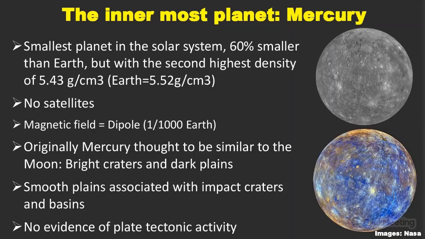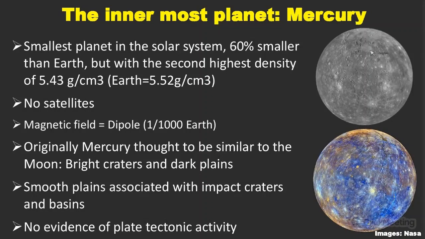which was again a surprise because initially it was thought that Mercury is similar to the Moon, and the Moon does not have a magnetic field, and it was expected that probably Mercury would also not have a magnetic field. So Mercury was thought to be similar to the Moon, with bright craters and dark plains.